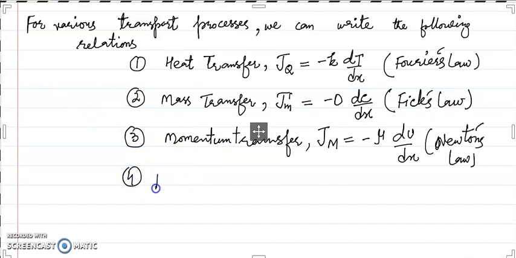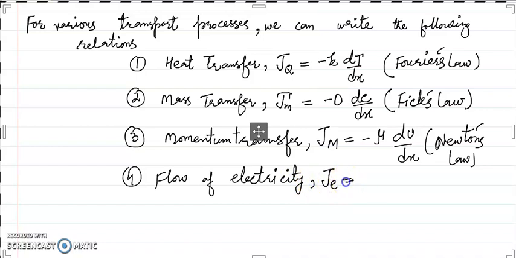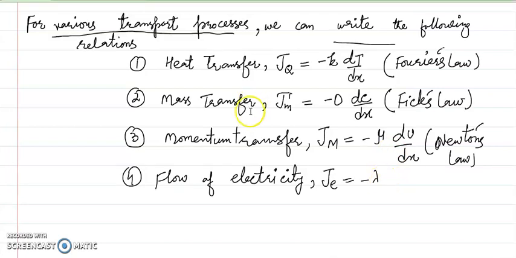And the next is flow of electricity, which is given the symbol J_E, which is equal to minus lambda dE upon dx.